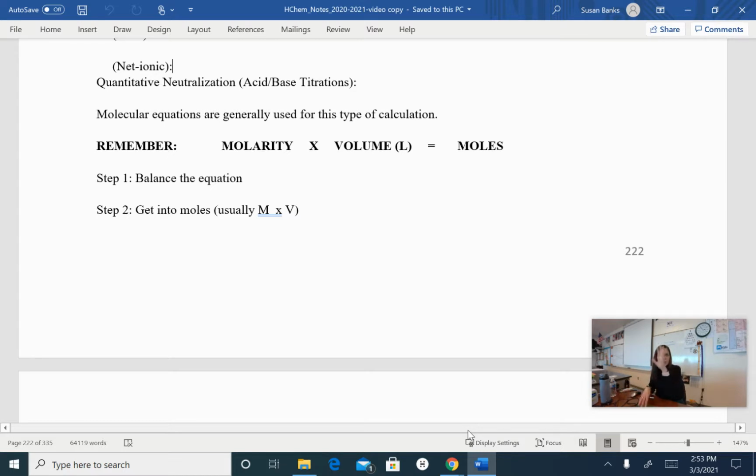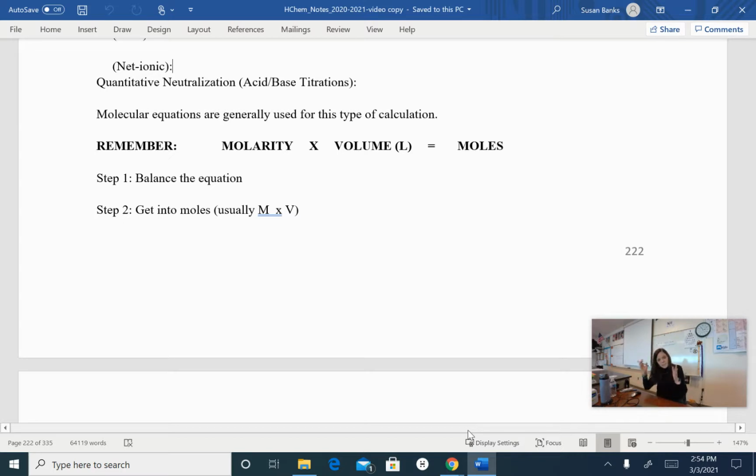And we can use the inflection point to determine where that volume equals the neutralization point, or we can use a color indicator. Indicators are things that change color at a certain pH, and we match that pH with the pH of the reaction so that we get a visual cue about when that neutralization point has been reached.